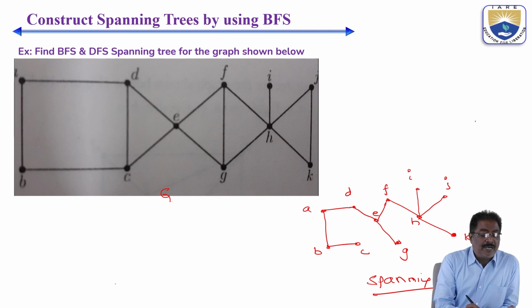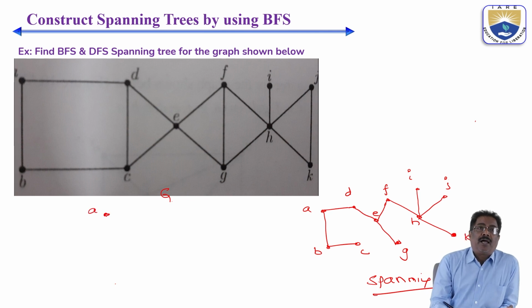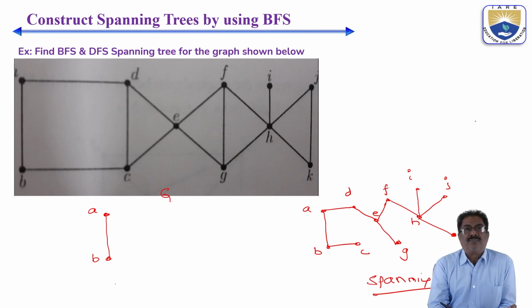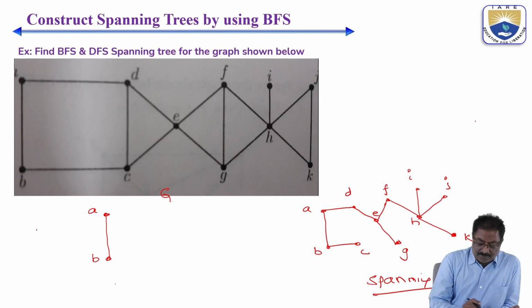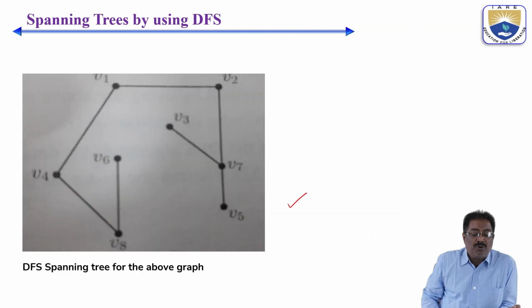So here A will be there. A is the starting node, and from this, B and D will be there. I'm just following alphabetical order; I can follow D also. If I move to B, then I have to get B from this. See here how we are going to move in DFS.